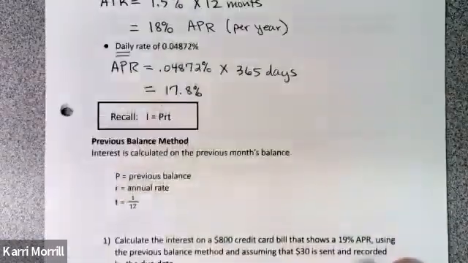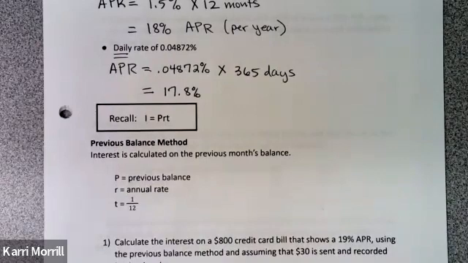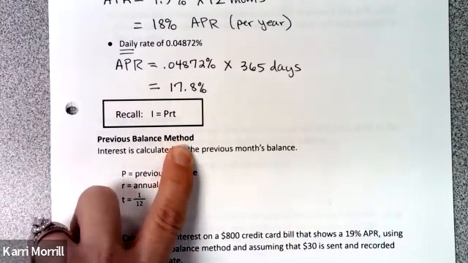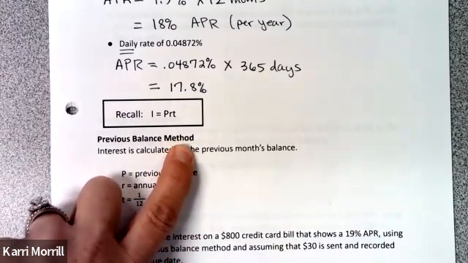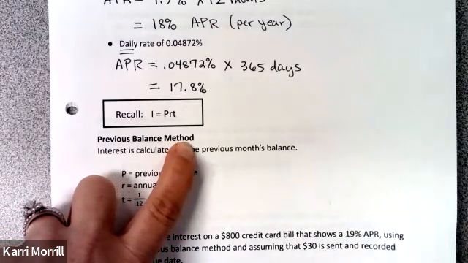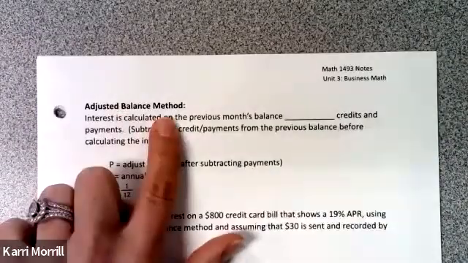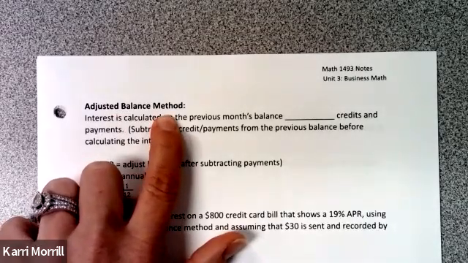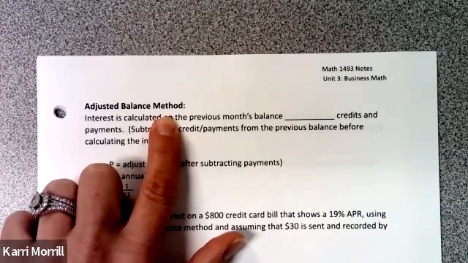Okay, so let's go back to some things that we already know that still apply as we go through much of this unit: our simple interest rate. Credit cards are figured on three different methods. The previous balance method means you're not going to take into account any payment made, so whatever your balance is on your account, that's what you use as your principal. Then there's the adjusted balance method, where we subtract a payment that we make and then use that as the principal in our simple interest formula.